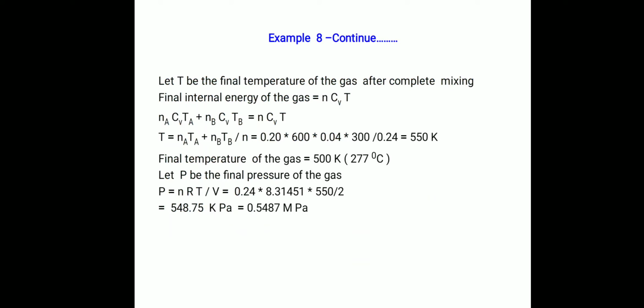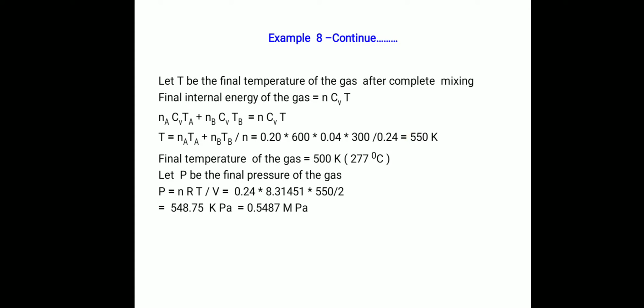So for the temperature, T equals (NA TA plus NB TB) upon N. We know the NA value, that is moles of compartment A, and the temperature of compartment A. We know the moles and temperature of compartment B also. So we can calculate the T value, right? On the basis of this equation, the final temperature of the gas is 550 Kelvin.